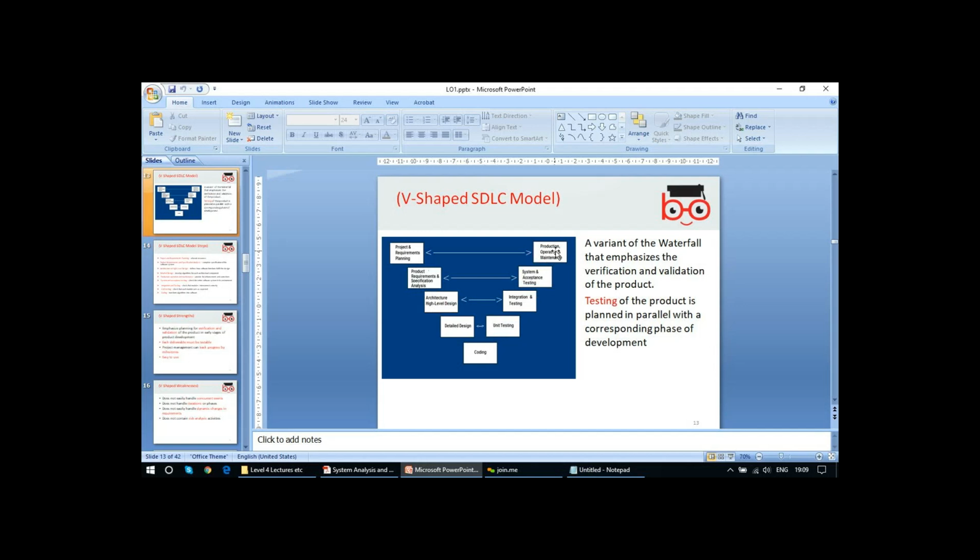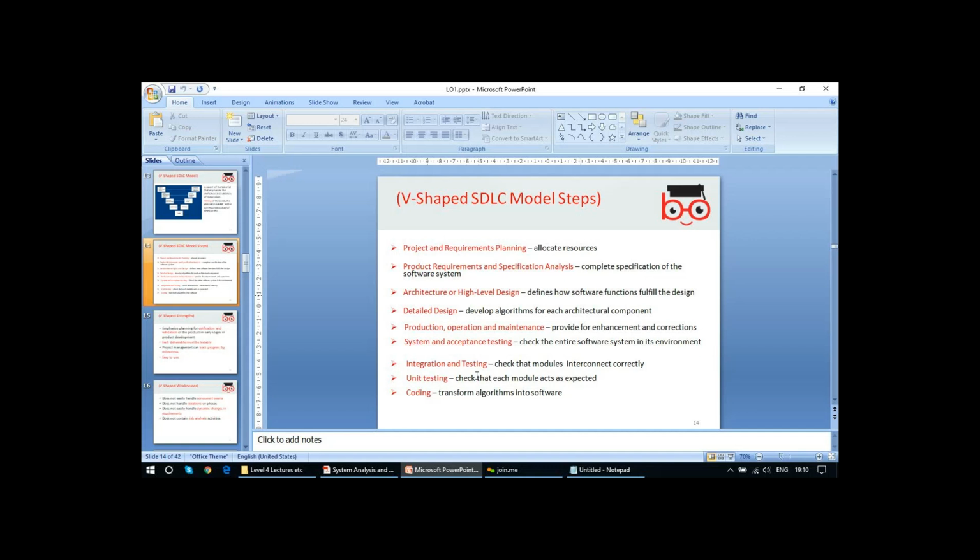This is a continuous number of steps. What they are saying is that before the requirement reaches testing, you keep on verifying and validating requirement, specification, design, coding. Everything you keep on checking with extra effort. Is that clear? Yeah, I get that now.